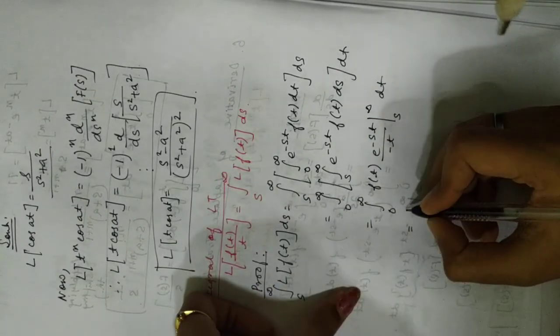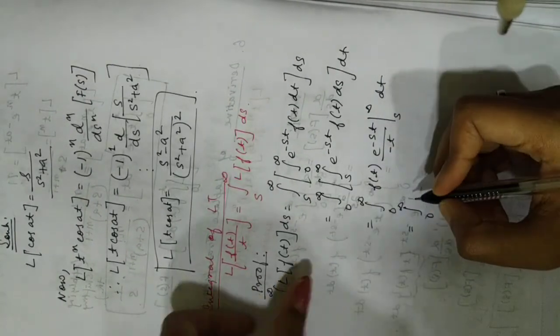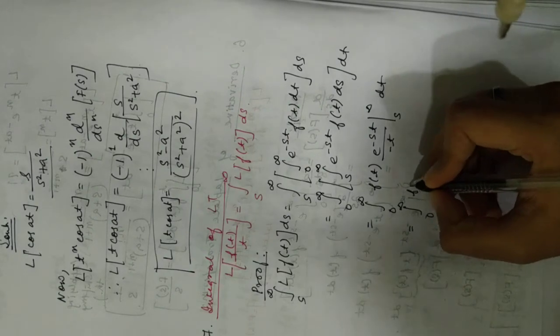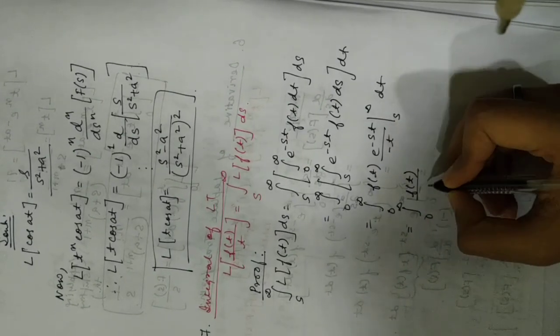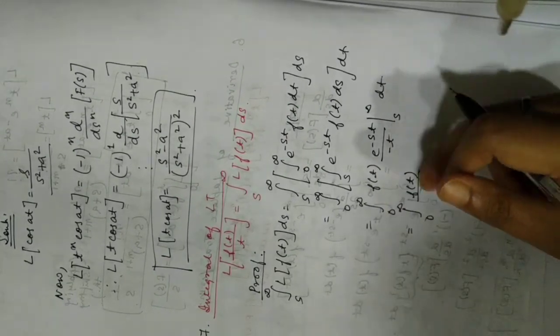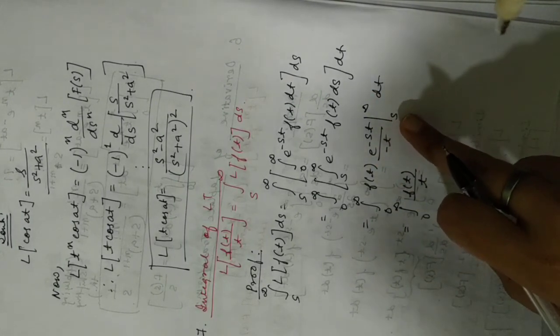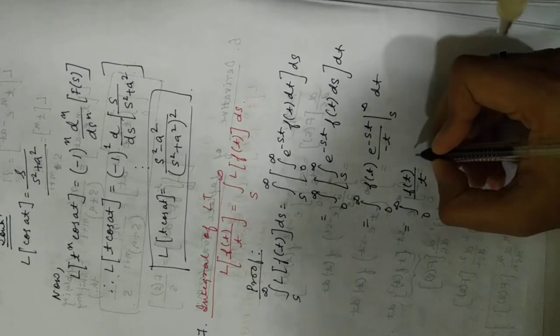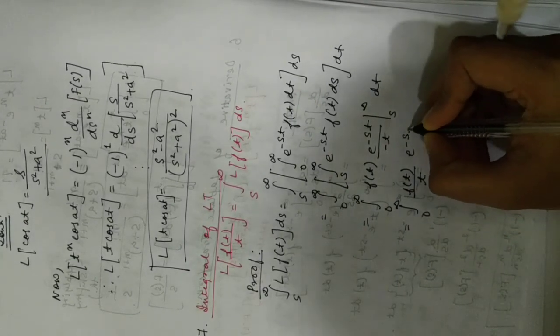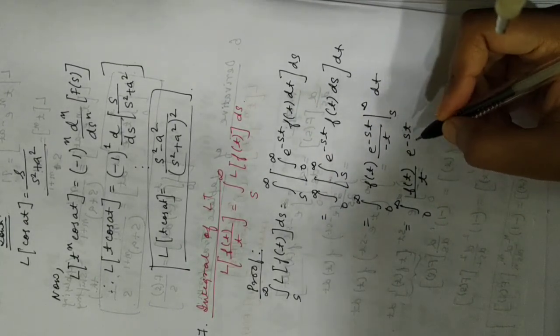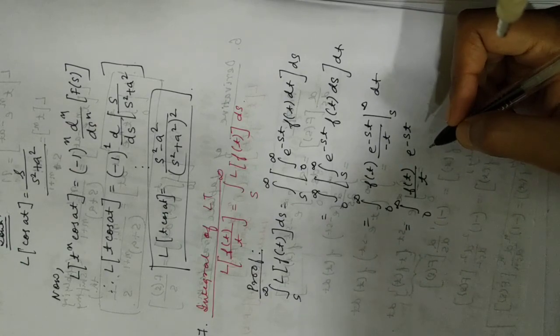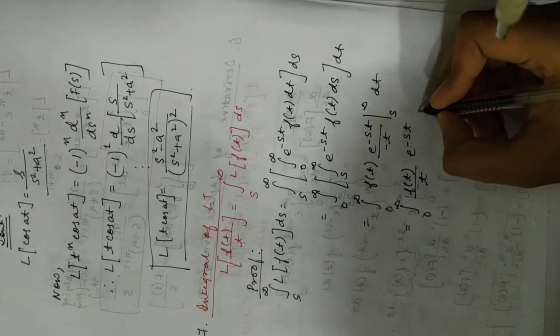So this becomes integral from 0 to infinity, f(t) by t, you have a minus in front, so that becomes 0 minus e to the power minus st, so minus minus cancels out and it becomes e to the power minus st, and dt.